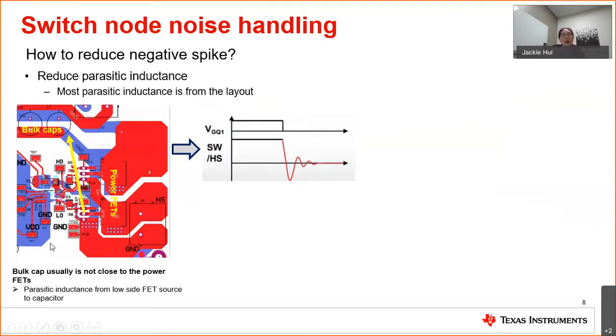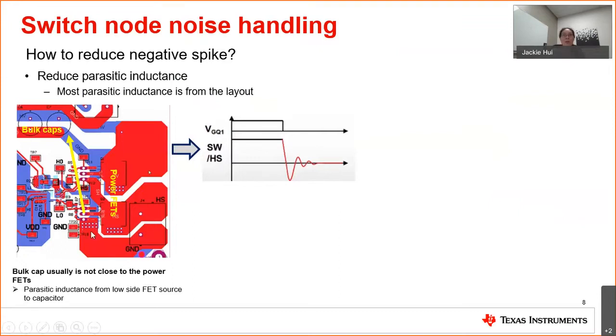But there are other challenges as well, and it is not uncommon to see the buck cap sometimes placed at a relatively long distance from the low side power FET.